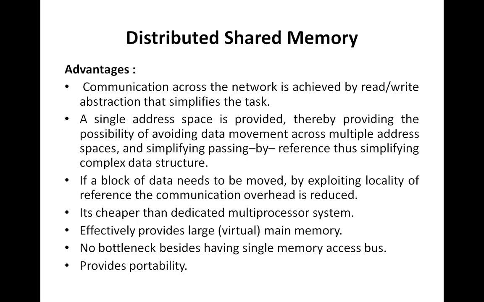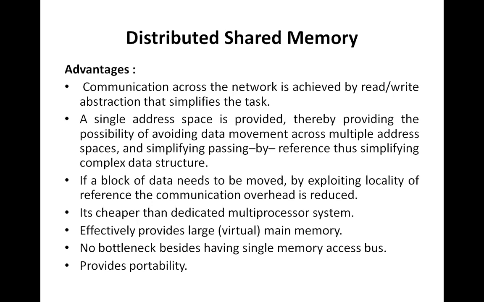The fifth advantage of distributed shared memory is that effectively it provides a large main memory, because the large memory available at the different nodes can be put together virtually in the form of a large virtual memory.